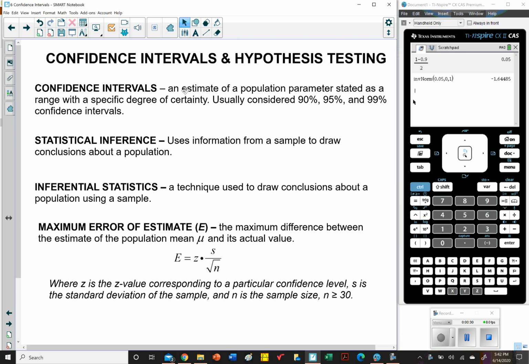The most common are 90%, 95%, and 99% confidence intervals. You find the confidence interval by taking the average, the mean, plus or minus the error. And we'll look at those formulas in a little bit.